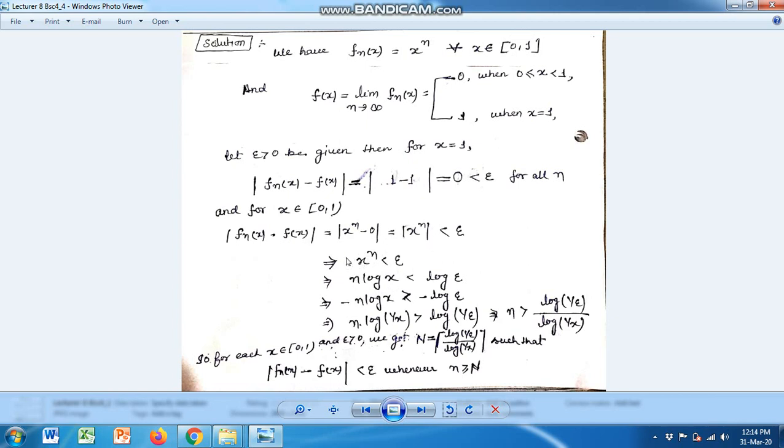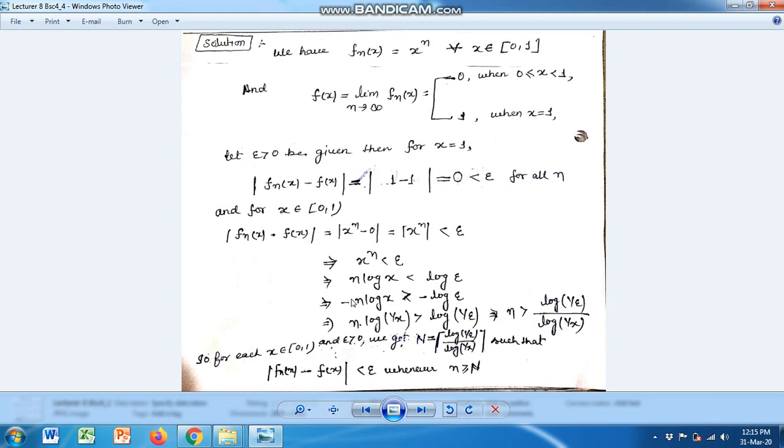Now taking log both sides, we get n log x is strictly less than log epsilon. Multiplying by minus sign both sides, the inequality sign changes to greater than. So minus n log x is greater than minus log epsilon.